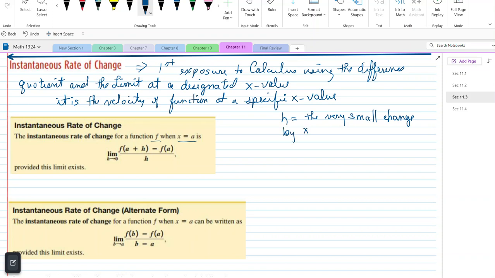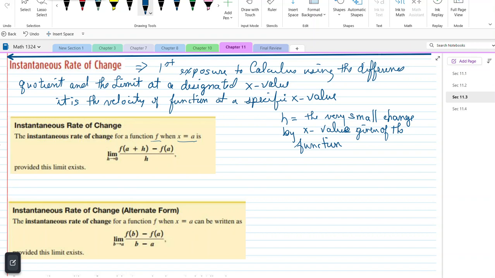By x value given of the function. Notice this is going to be a lot of math, but it's easy math. It's f of a plus h minus f of a, all divided by h.